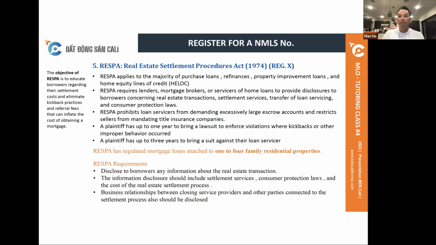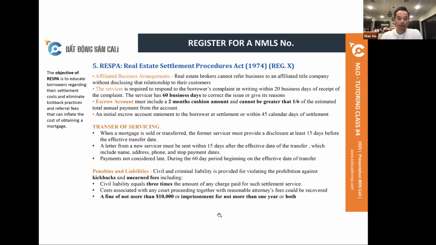Because sometimes somebody owns multiple companies, let's say an inspection company, an appraisal company, an escrow company, and a title company. They can support one transaction, but they need to disclose, hey, we work with all 4 of them. That disclosure needs to be made.